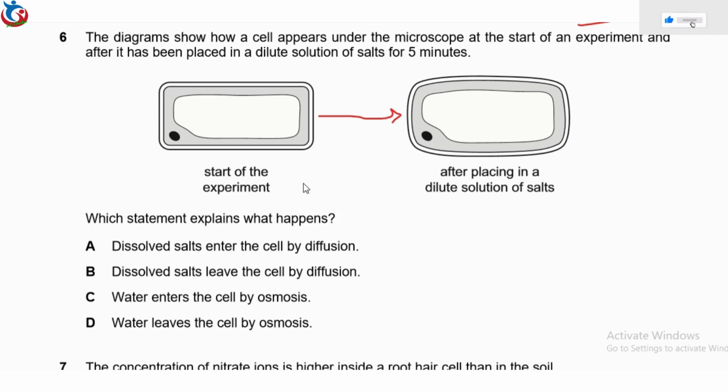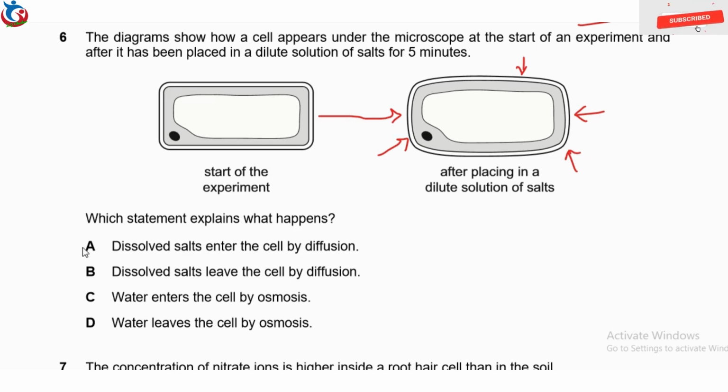If you look at this, you can see that the cell placed in the dilute salt solution has increased in size. This increase is a result of movement of water molecules into the cell. Definitely water molecules have moved into the cell, and the movement of these water molecules is a result of osmosis.